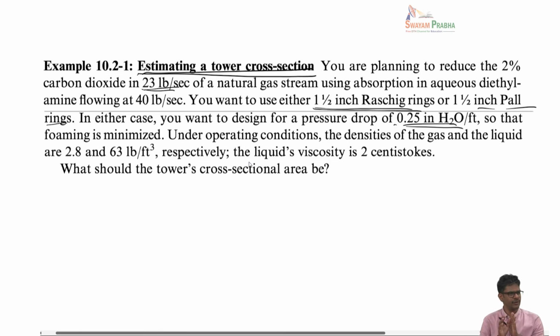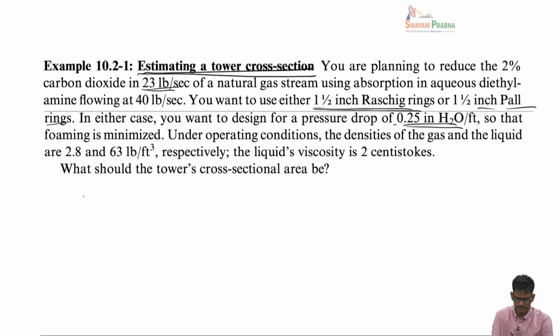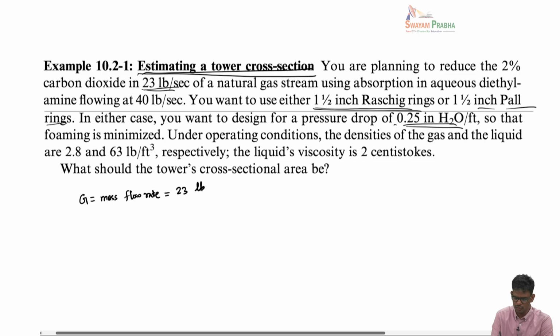So the first thing we will do is note down whatever information is given. G is the mass flow rate, given as 23 pound per second, and L is the liquid flow rate, given as 40 pound per second.